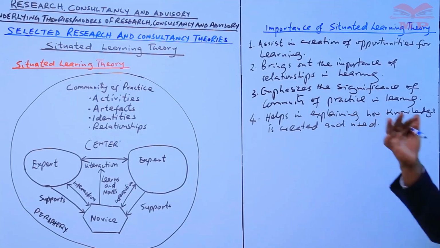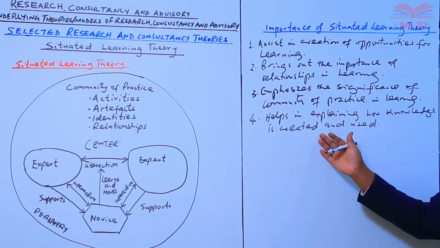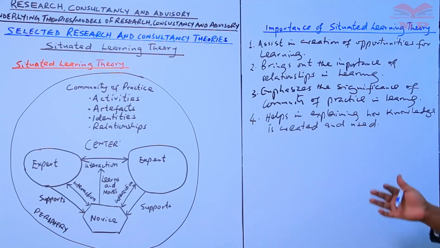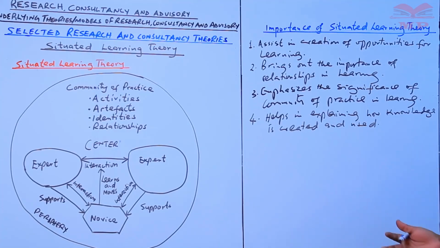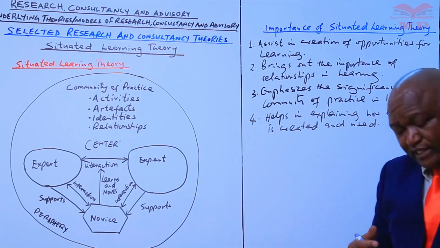So this theory underpins the creation of knowledge and how that particular knowledge can be used in the community of practice. So this community of practice could be a school, it could be a department, it could be a section. It also helps in emphasizing the significance of community of practice in terms of the learning context.